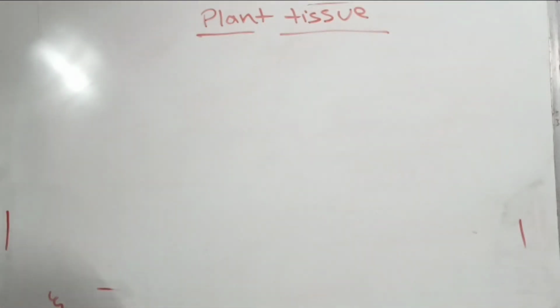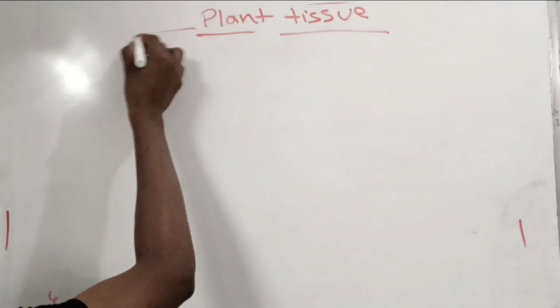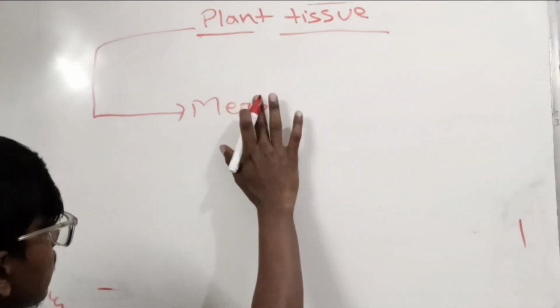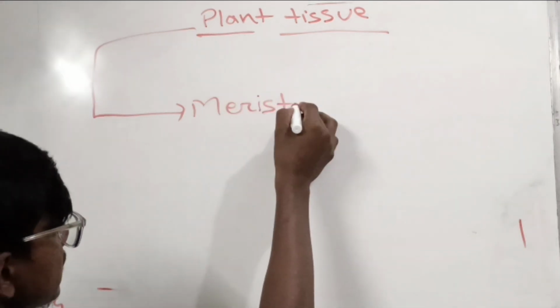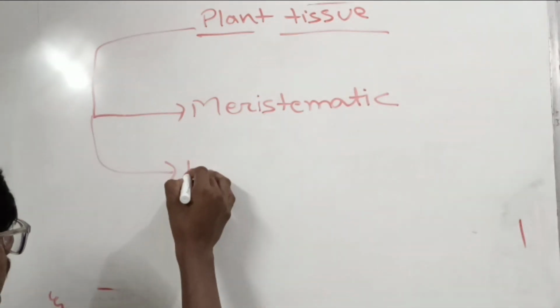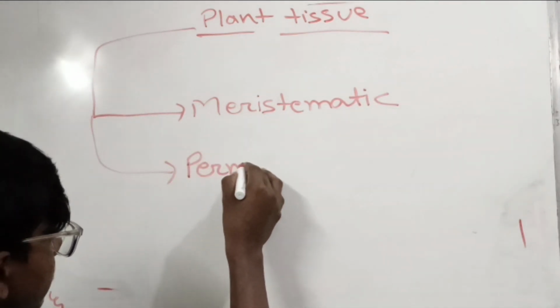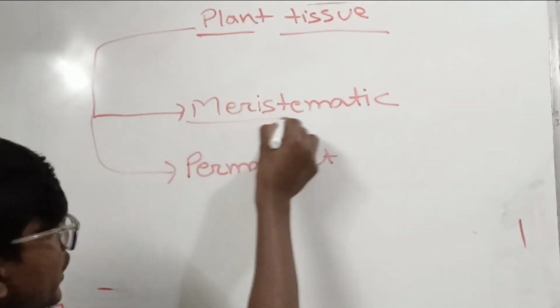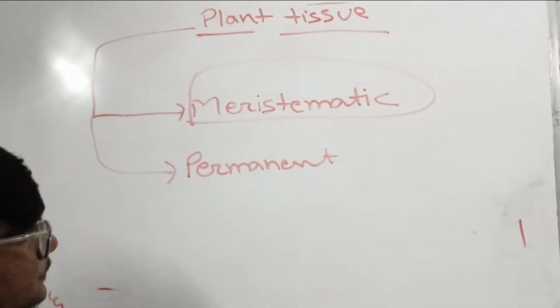This is the first type of tissue that we will see. Plant tissue is basically divided into two parts. First is meristematic and second is permanent. So what is this meristematic tissue?